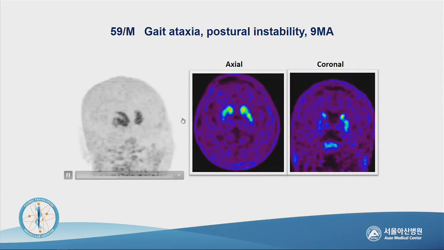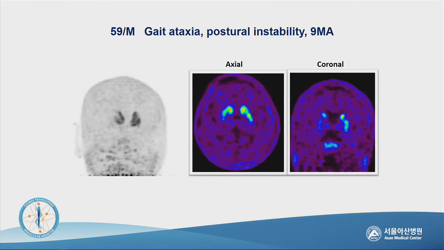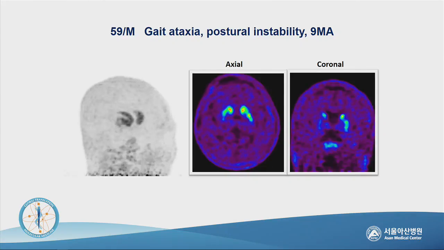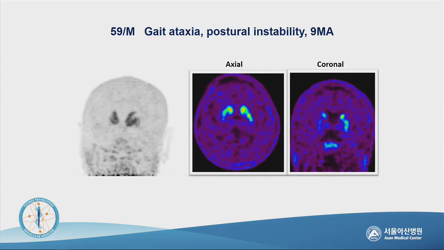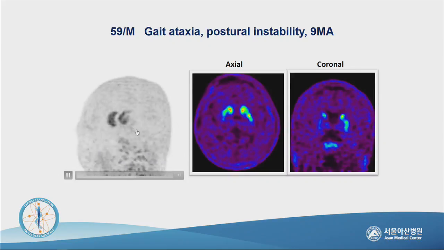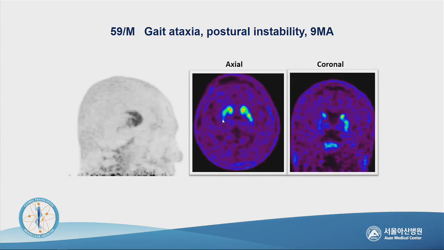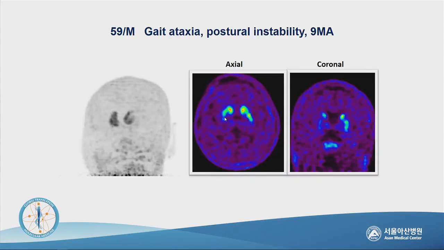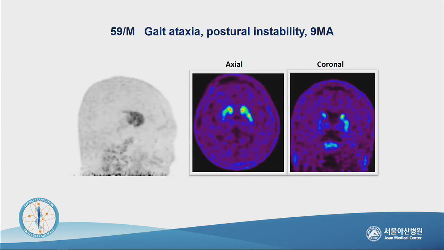Let me show another case of atypical Parkinsonism. This case is a 59-year-old male who suffered from gait ataxia and postural instability for 9 months. As you can see, there is asymmetric DAT loss in the striatum. In the transverse image, there is asymmetric decreased posterior uptake, and it looks like a PD pattern.